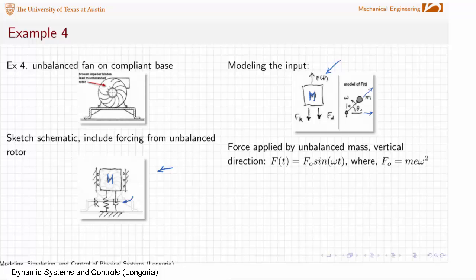Omega t is really the angle that it's at relative to this horizontal, and that force is the eccentric mass times the eccentricity times omega squared. That would give you the magnitude of the force, but then it would have a time component, so you'd have a harmonic force forcing that base up and down. The dynamic model would be very similar to the one we just looked at for the mass spring damper system.